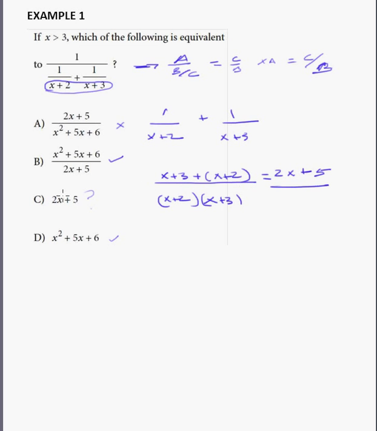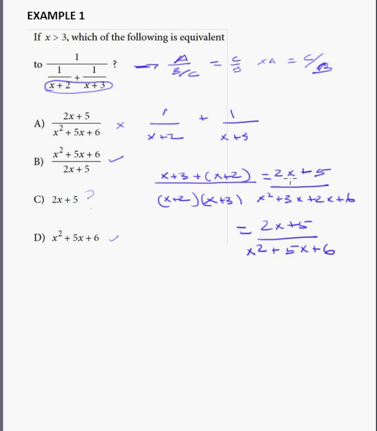Since the answers appear to be simplified, this will be x times x to give us x squared, plus 3x, plus 2 times x, plus 6. So this is equal to 2x plus 5 divided by x squared plus 5x plus 6.